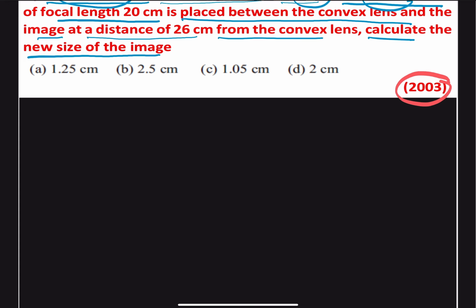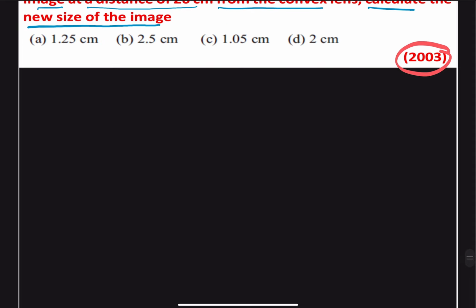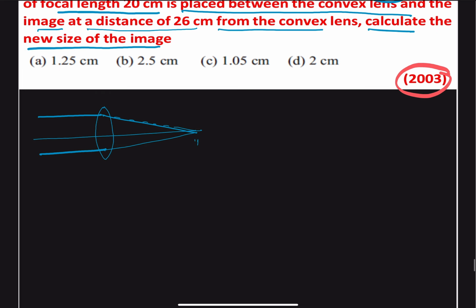So first we have only convex lens, and so image will be formed somewhere here, and this distance is focal length. A size of the image is given. Let us suppose this is our I2.